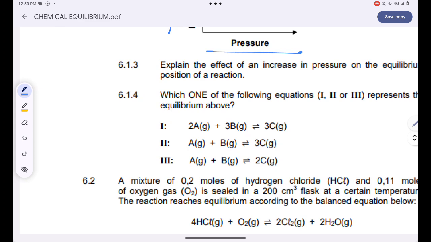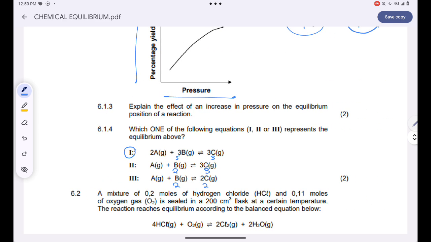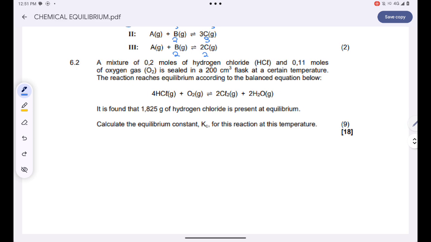For reaction 1, on the left hand side we have 2 plus 3, that's 5 gases, and then we have 3 gases over there. Then we have 2 gases here and 3 over there. We have 2 and 2 over there. The only reaction that has the least number of gas moles on the product side is reaction 1. So reaction 1 is the one that represents the equilibrium reaction.